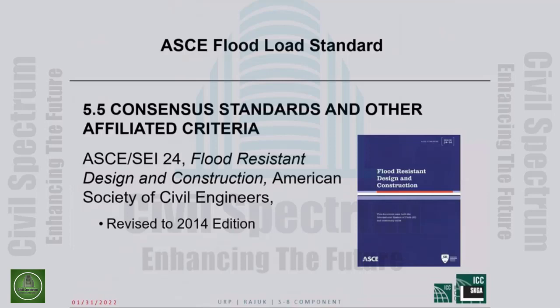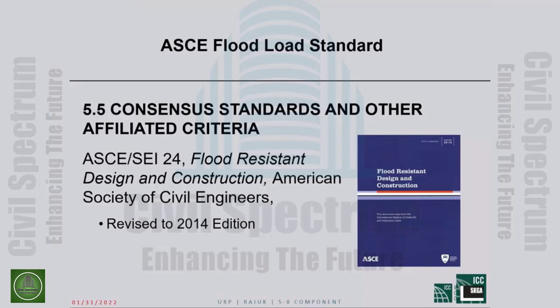In the US, the standard that is supposed to give you flood loads is ASCE 24, the standard that you see before you, flood resistant design and construction. The 2014 edition is the second edition of the standard. The first edition was about 10 years earlier, 2004-05 kind of time frame.